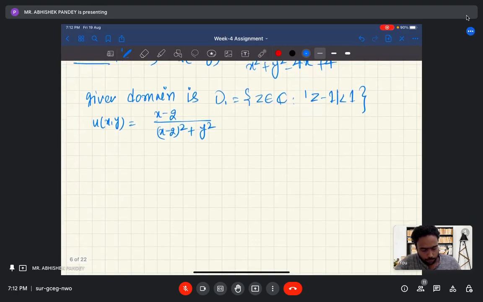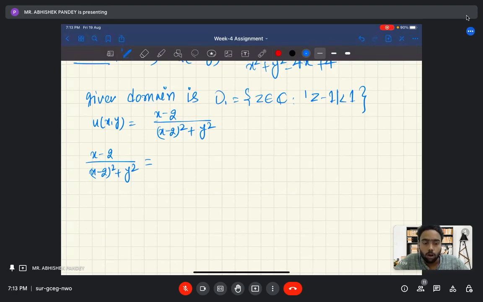So we can write it as (x minus 2) upon (x minus 2) square plus y square. To check a harmonic function, we have a lot of tools we can use. We can go by the definition and check whether the Laplace equation u_xx plus u_yy equals 0 or not. Or we can convert it into polar form and check the Laplace equation in polar form.